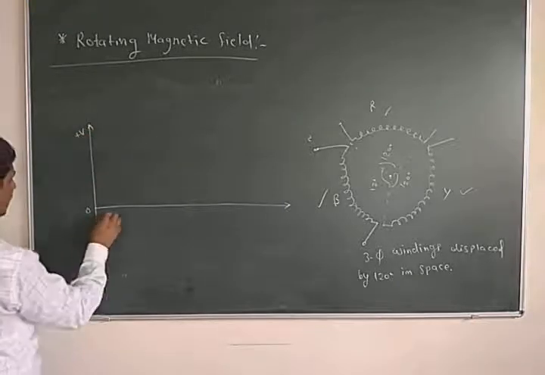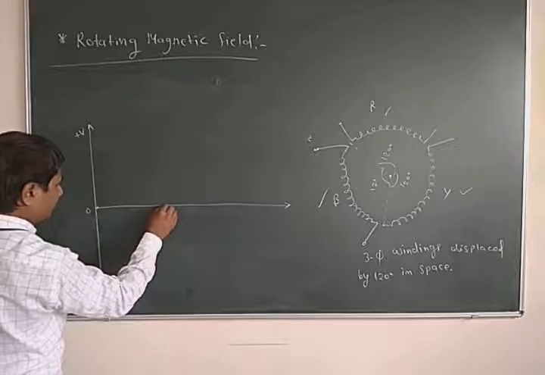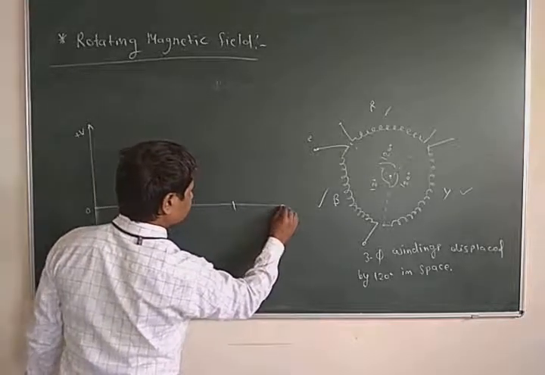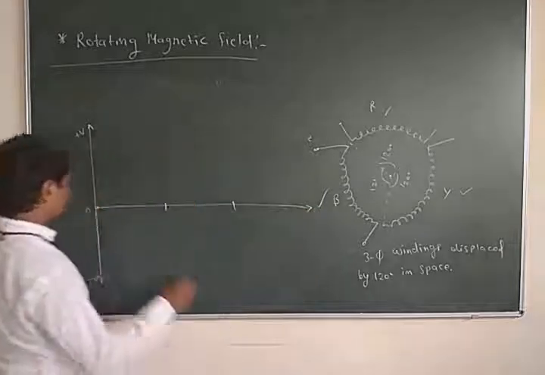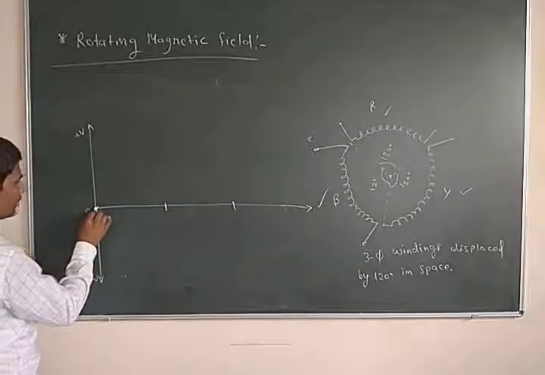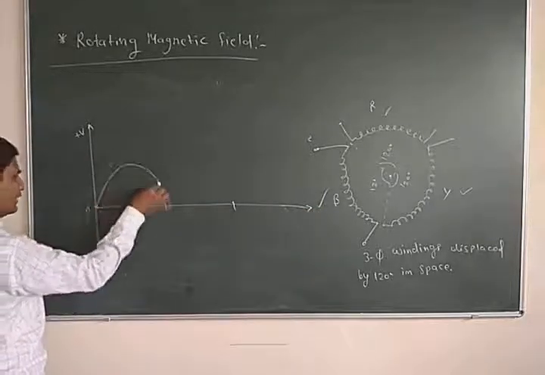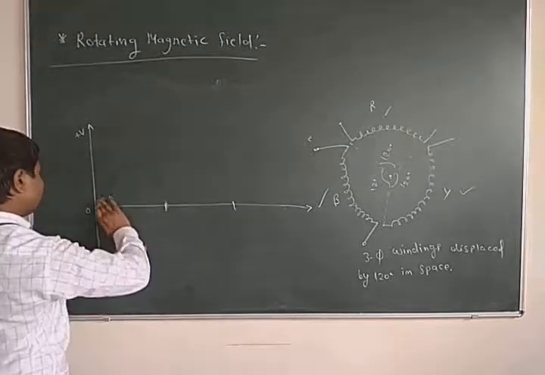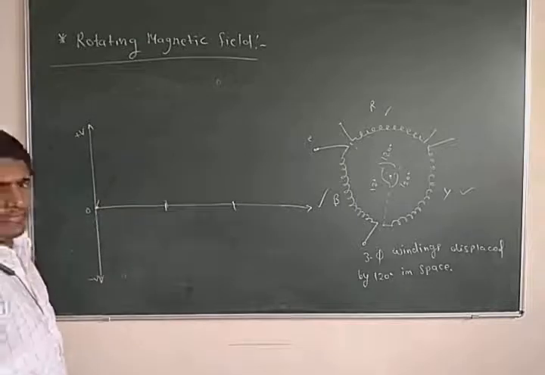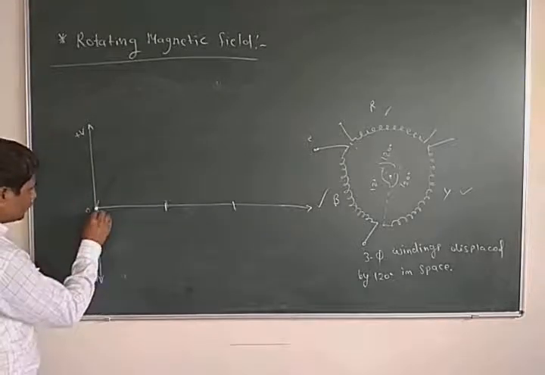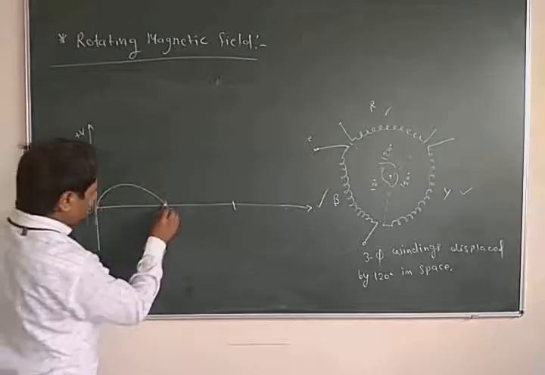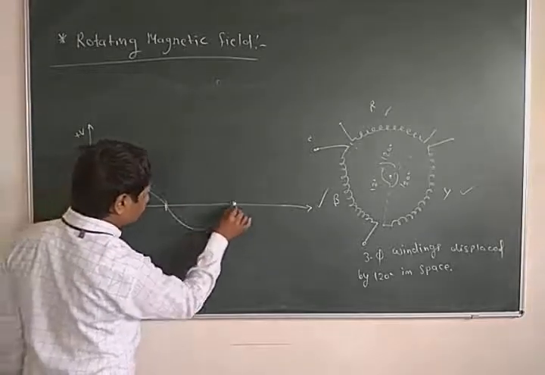We provide a three-phase supply to the stator winding of three-phase induction motor. Students, understand that here we are discussing the three-phase induction motor, so we say the stator winding of induction motor.